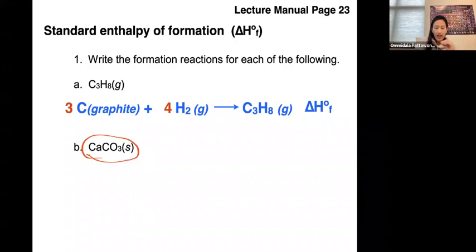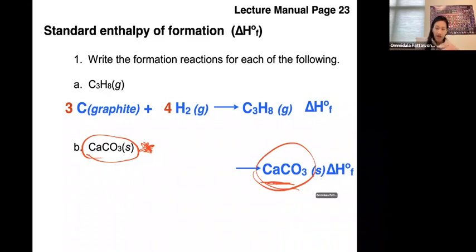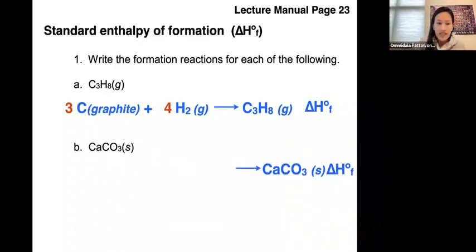So again, because standard enthalpy of formation is the enthalpy of formation of that molecule, we are going to want to know of this one. So that means in this case it is going to be the product, because we want to make this, right? Because it's involved with the heat involved in making this from its elements in their standard state. So in this case, if you look at the table, the calcium that has 0 is going to be solid calcium.